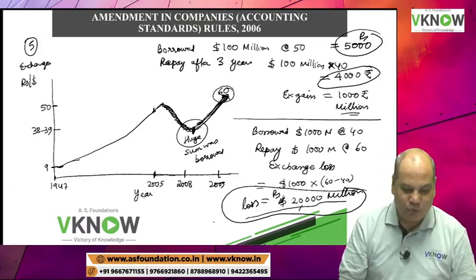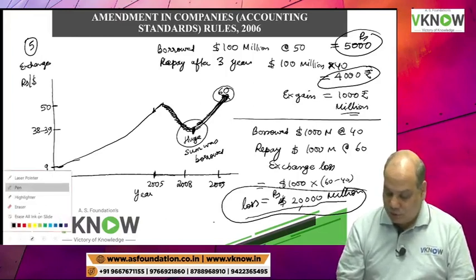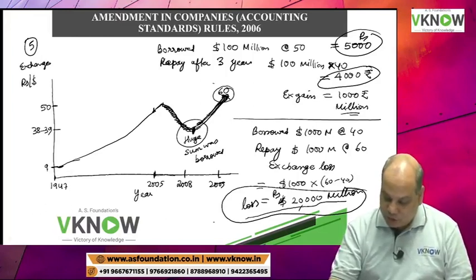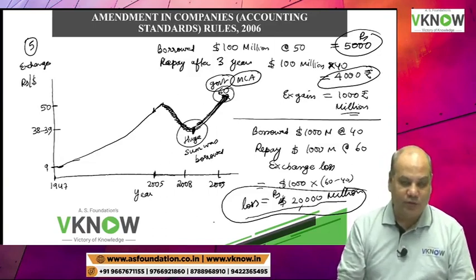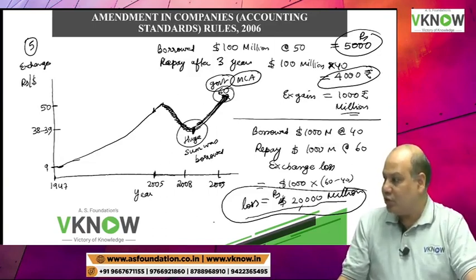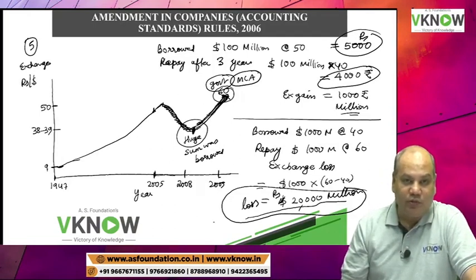Okay, so what will these industrialists do? They will go to the government. They went to the central government, the Ministry of Corporate Affairs, and told them, see, the exchange rate is rising.